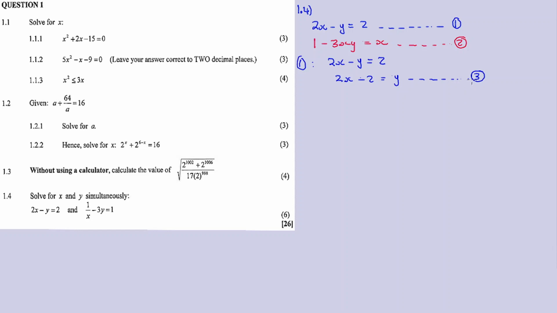Now check out the difference between equation 2 and equation 3. Equation 3, the y is equal to 2x minus 2, right? There's only one variable, but with equation 2 x is equal to x and y. So this is what we are avoiding, having a variable y at the same time with term x.